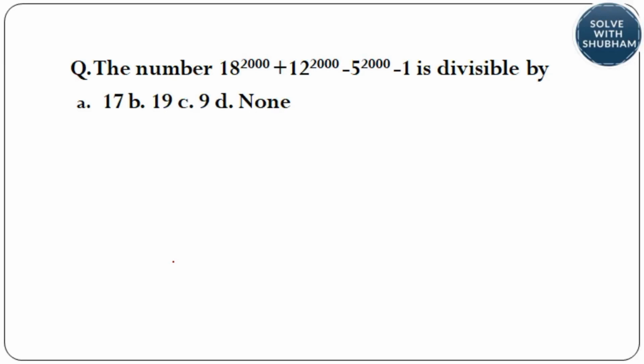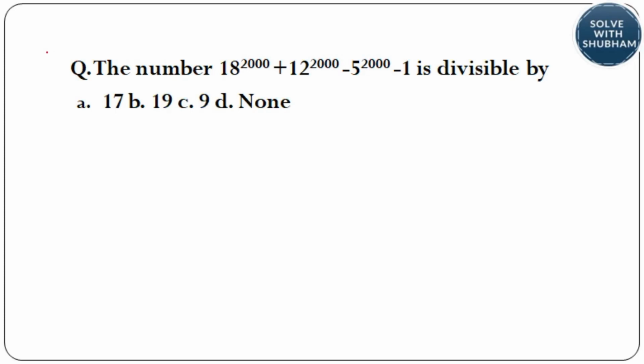Next question. The number 18 power 2000 plus 12 power 2000 minus 5 power 2000 minus 1 is divisible by, we have been given 4 options. Now when I say minus 1, it can also be written as minus 1 to the power 2000. Can we try bundling into groups of 2?